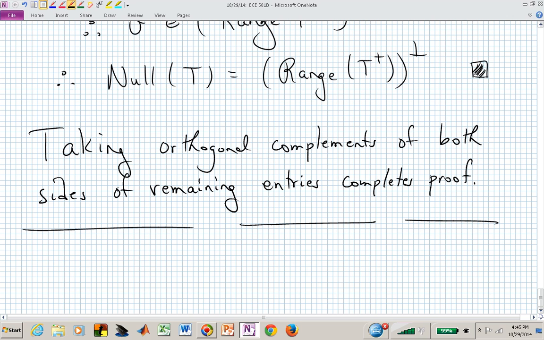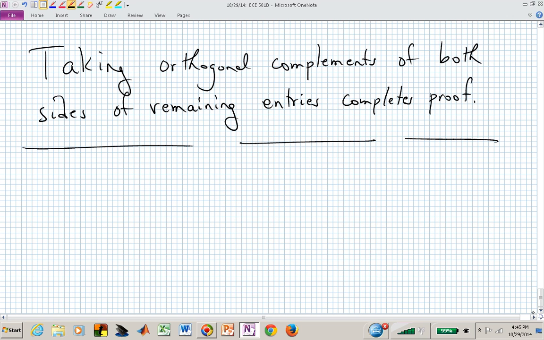Okay. Now let's look at these matrix representations of these maps.